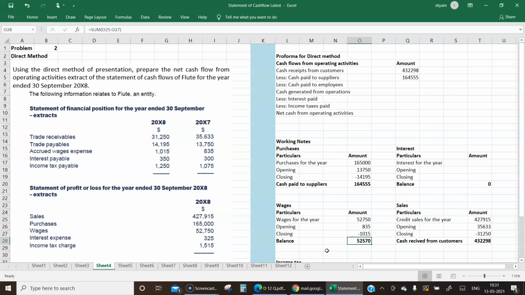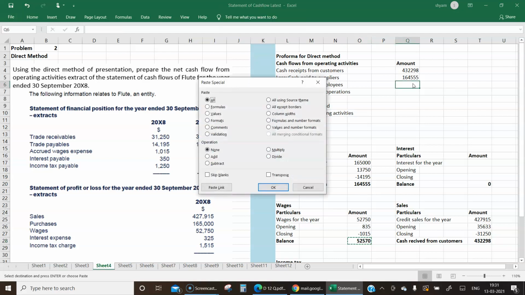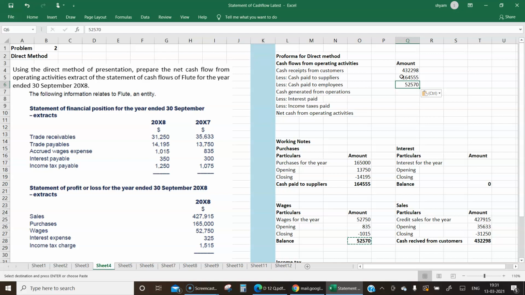So totally it comes to 52,570. We can take this number and put it here. These are negative numbers because these are cash outflows.